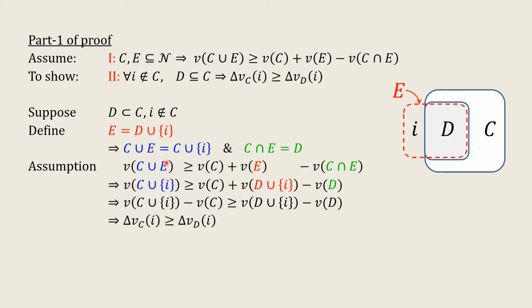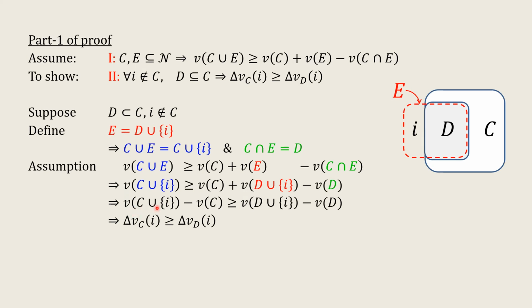C union E is replaced with C union I, and here instead of E, I replace it with D union I, because E is D union I, and here C intersection E is D, so I replace it with D. Whence, from this expression, I directly obtain value of C union I greater than or equal to value of C plus value of D union I minus value of D.